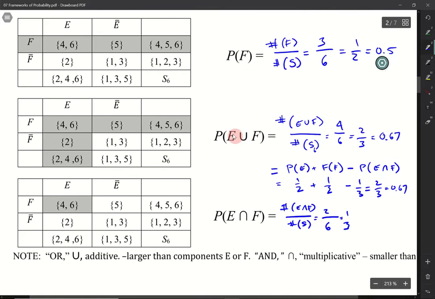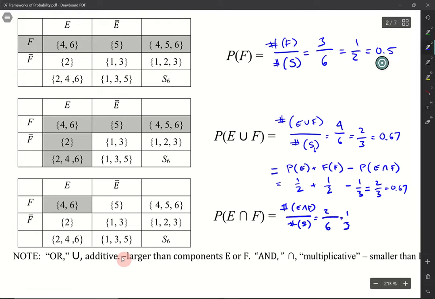You're adding the probability of E and the probability of F, and so you're getting something bigger. And of course, if they're not mutually exclusive, you have this little correction, but basically OR is adding probabilities and the probability is getting bigger.